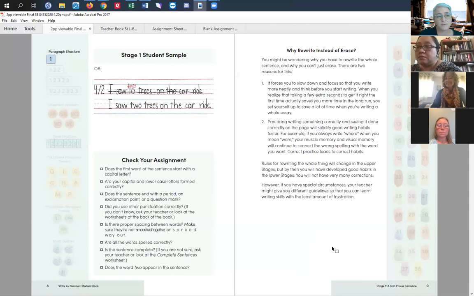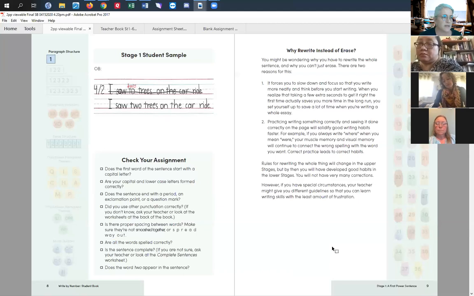Also, about 80% of your students are just lazy. They are just going to whip out whatever, and they know that you're going to let them erase, so they're not going to try that hard. And so when they know they're going to have to rewrite the whole sentence, they stop and double check. Before they bring it to you, they check to see if the capitalization is there. They check for the punctuation because they don't want to have to rewrite the sentence. So that's a huge part of it.